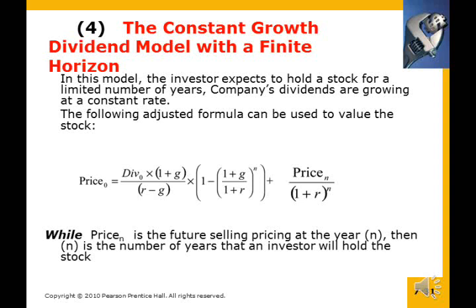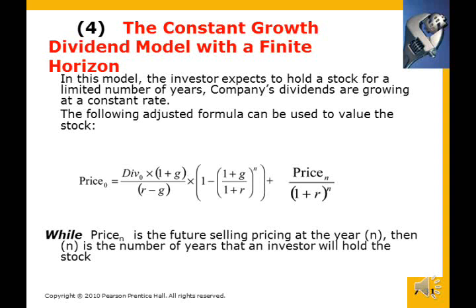What's the formula I will use in this case? It's a complicated formula, but we have to know this. It consists of two parts. The first part, like the second model, the future price we discount to find the present value of the future price.